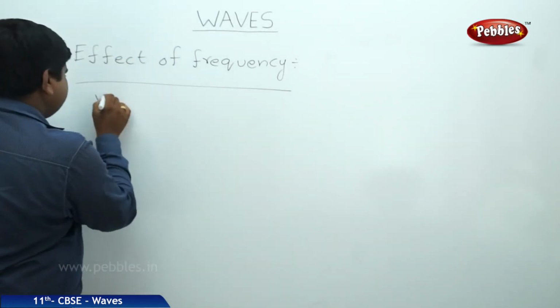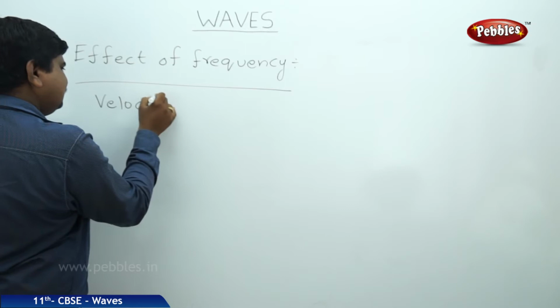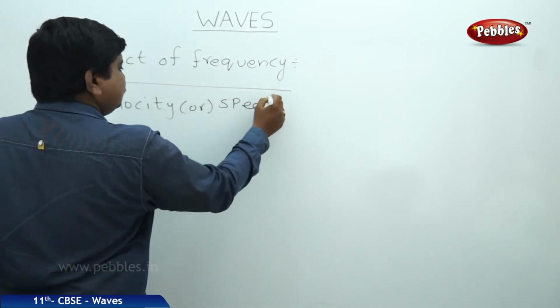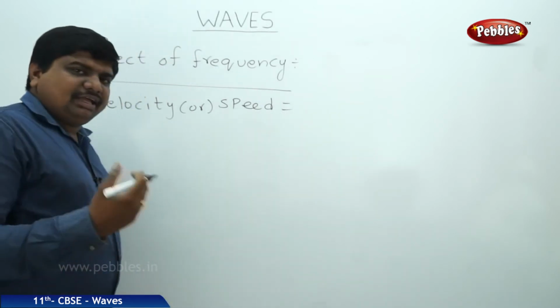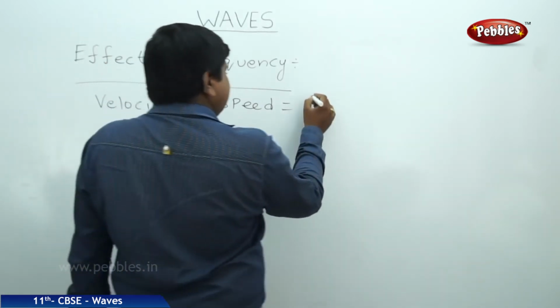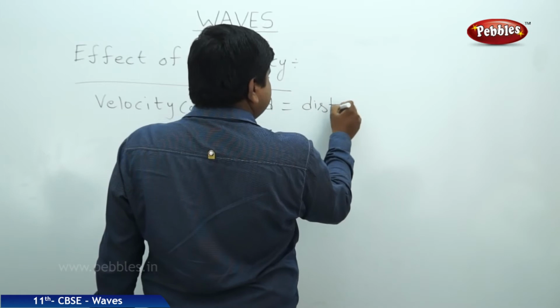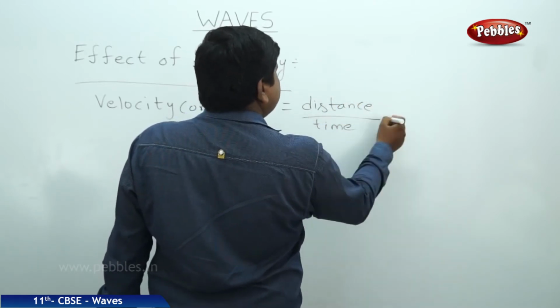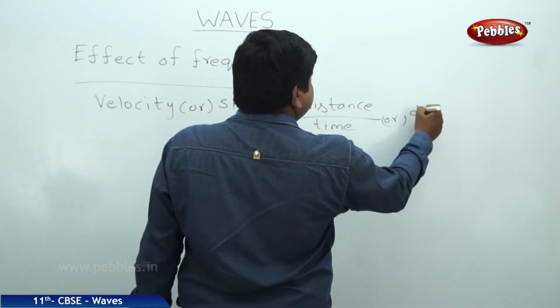Generally, velocity or speed is equal to, when a wave is traveling in a straight line, distance by time, or displacement by time.